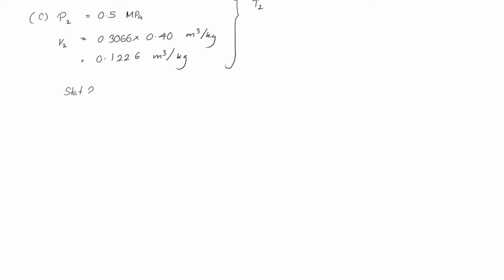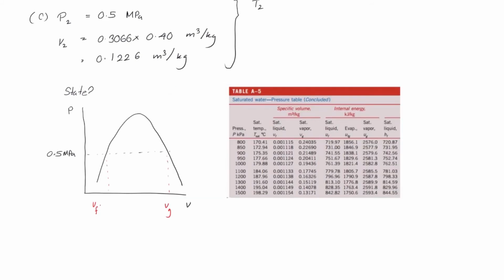First, we have to decide what is the state. To find the state, we can use PV diagram. We know our pressure is 0.5 megapascal. For 0.5 megapascal, I can find VF, VG values. So VF is approximately 0.001, VG is equal to 0.19. And we can see that our V2 value falls in between these two.